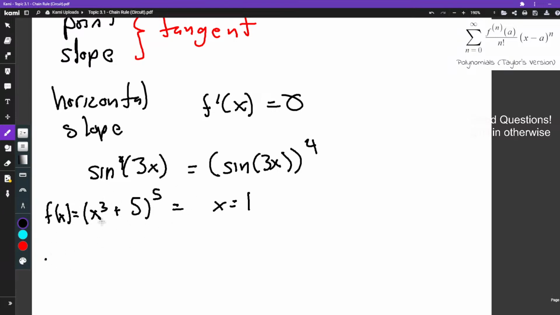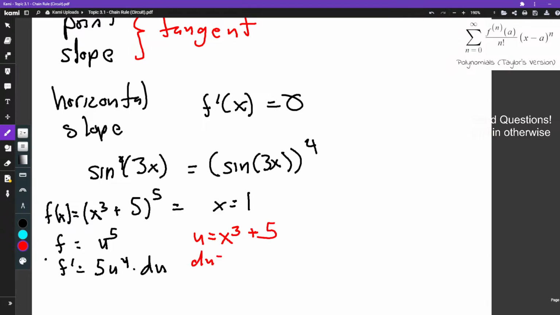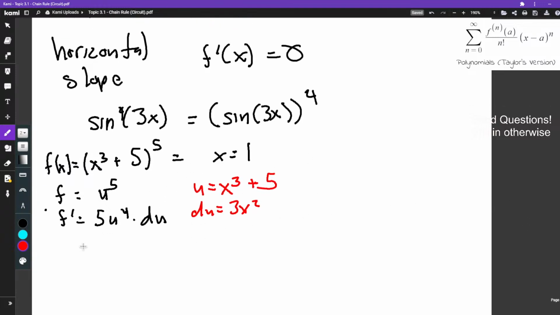I don't like this, so I'm going to make it u. The fifth power is equal to f. F prime is equal to 5u to the fourth power, times du. Well, u is equal to x cubed plus 5. Du is equal to 3x squared. Plug everything back in, and we get 5 times x cubed plus 5 to the fourth power times 3x squared.